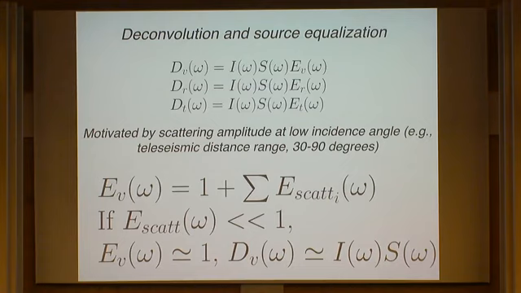Then the vertical response in the frequency domain becomes approximately equal to the instrument response plus the source response. As you can see, this is only an approximation, but it shows that if this scattering wave is very small, this works well.